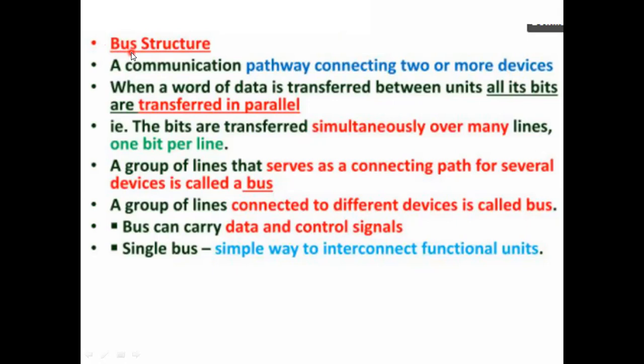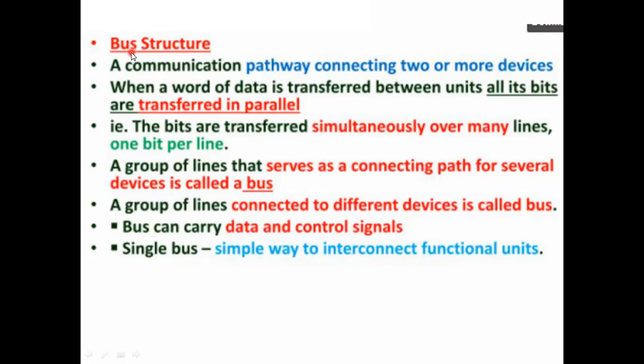Like in the previous class, in the functional units of a computer, we know the input unit, processor, and output unit. What is the function there? The input is given from the input unit to the processor. The processor does whatever operation we require, and the output is given to the output device.